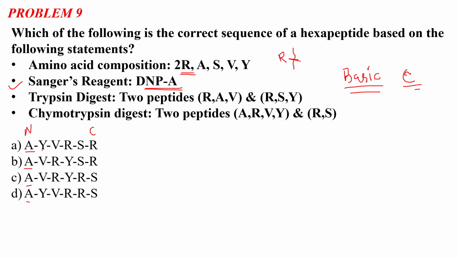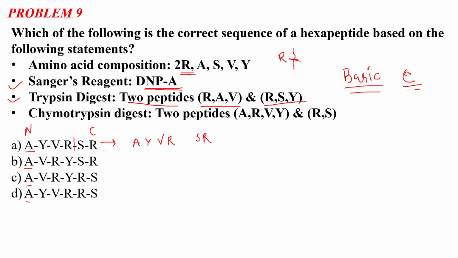Seeing this, let's discuss from the first option. If it cleaves at the C-terminal side of R, it will give us 2 fragments, one fragment like VR and another like this. But the statement says it should give 2 peptides with these fragments, while trypsin treatment of the first peptide gives different fragments.